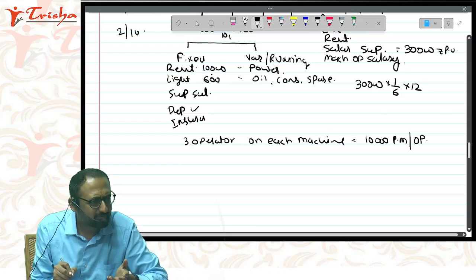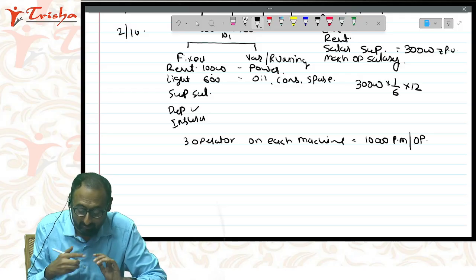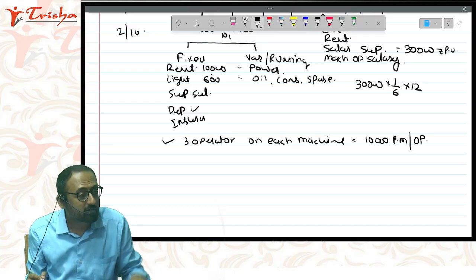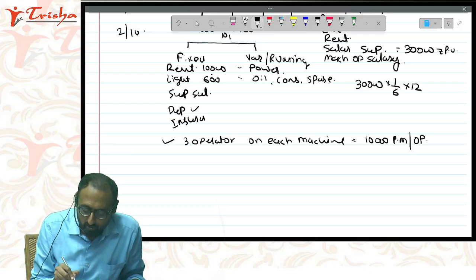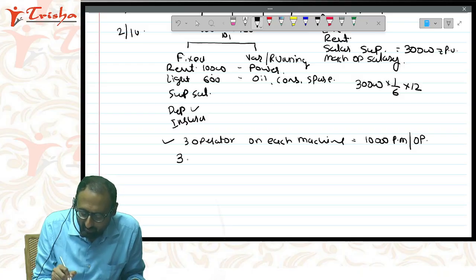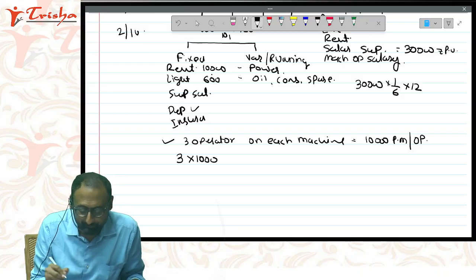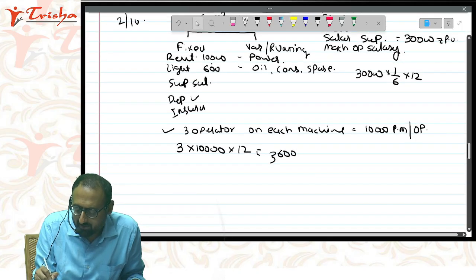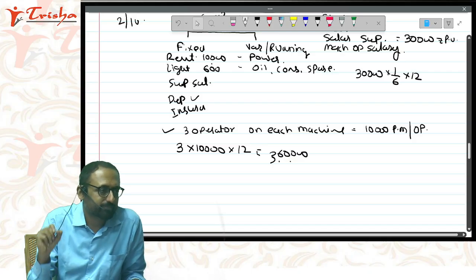So if 3 operators are there on each machine, 10,000 per month multiplied by 12, your answer comes to 3 lakhs 60,000. Perfect answer, sir.